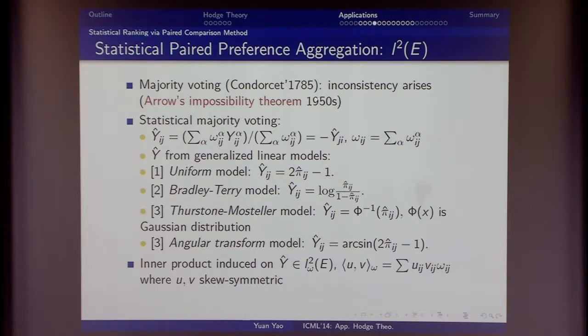This is a very classical problem if you trace back to social choice theory. It starts from the 18th century, and people knew that at that time majority voting may give rise to some inconsistency, and especially Arrow's impossibility theorem says that if you follow majority voting, then all kinds of ranking chaos may happen, except if you take a monopoly structure in the social rule. There are various interpretations of Arrow's impossibility theorem, but in practice people still use statistical majority voting.